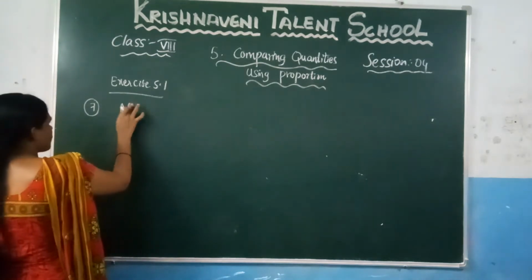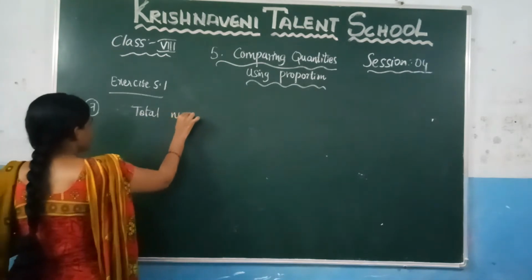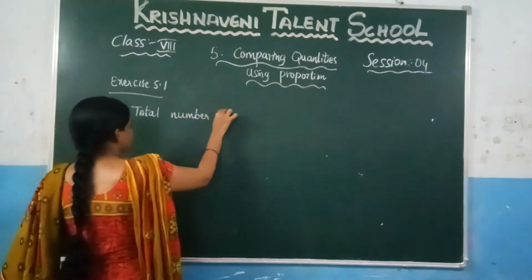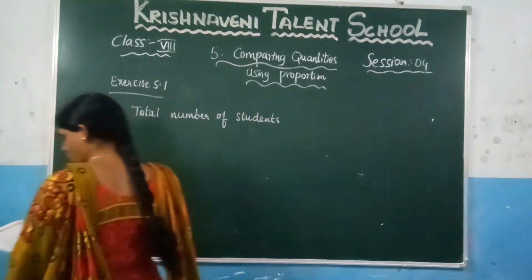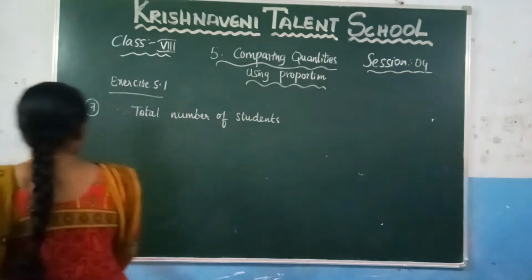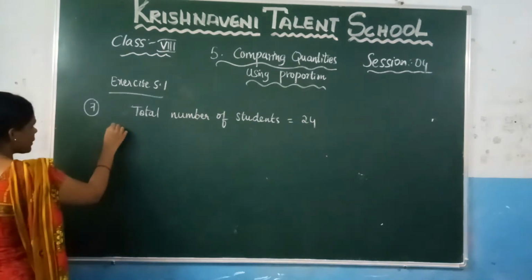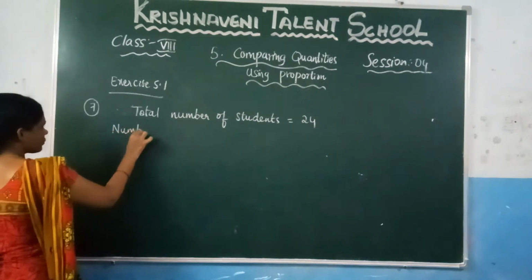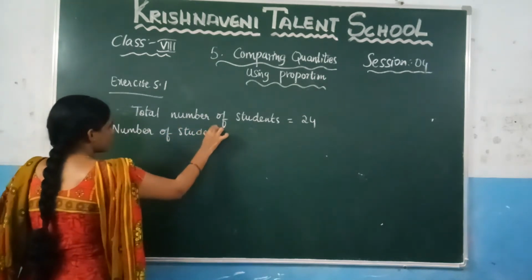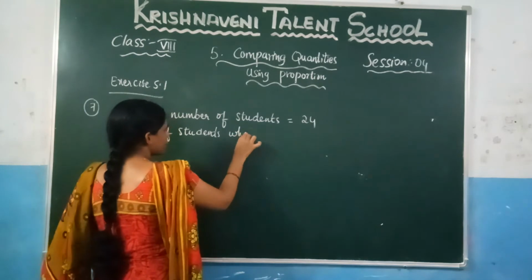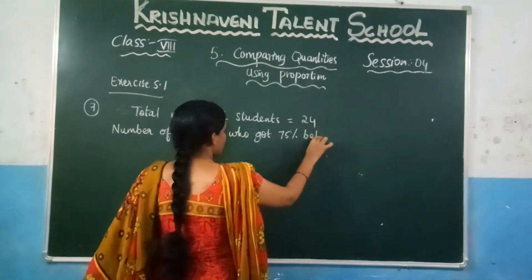First write it: total number of students. Here the total number of students is 24, and after that the number of students who got 75% below marks.